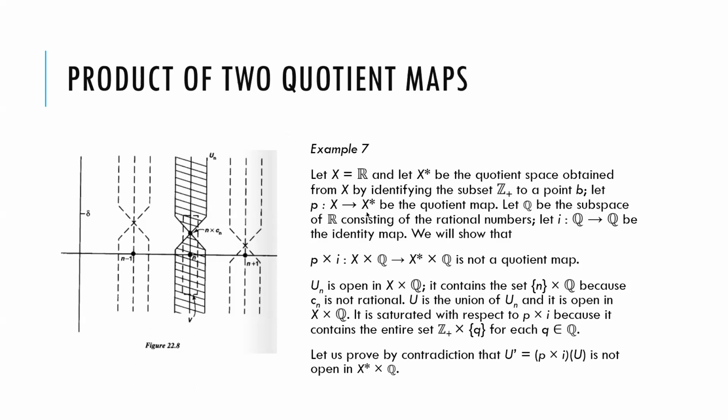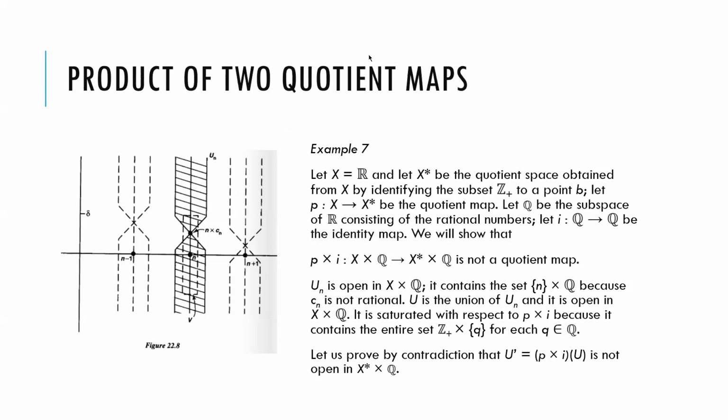We have space X, which equals R, and then we have X star, which is the quotient space obtained from X by identifying the subset Z plus to a point b. And then we have our quotient map p, which maps X to X star.